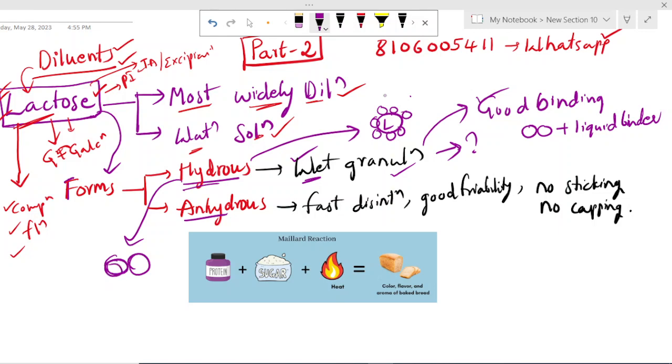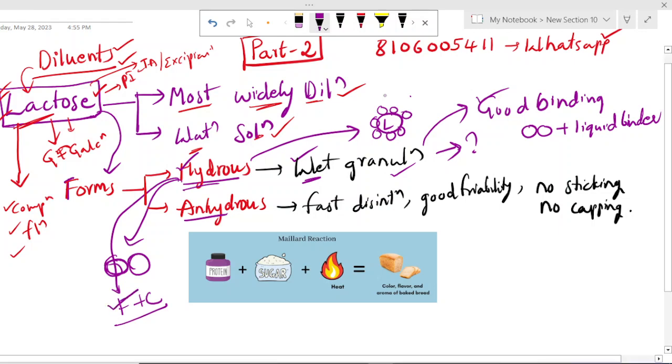So this is the first advantage. The second advantage is that it has good flowability as well as good compressibility. What does it mean? Hydrous lactose exhibits desired flow and compressibility characteristics, making it suitable for tablet manufacture.